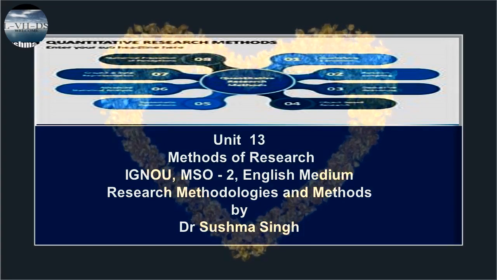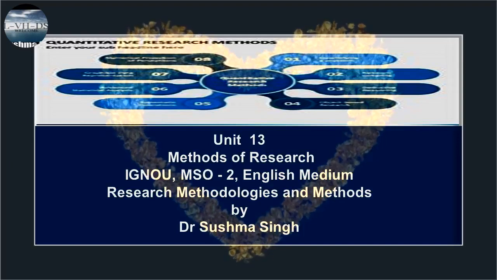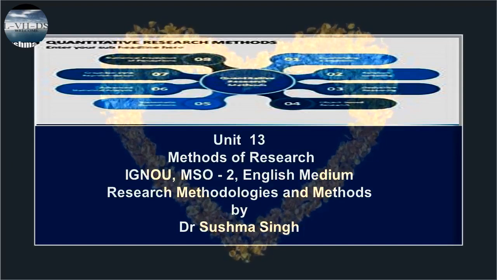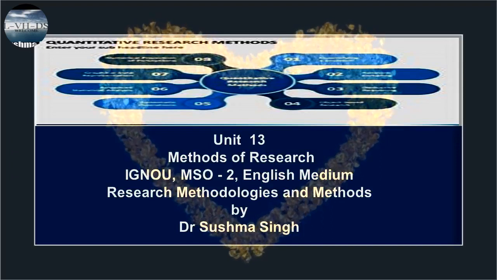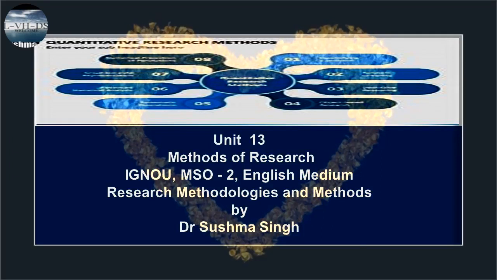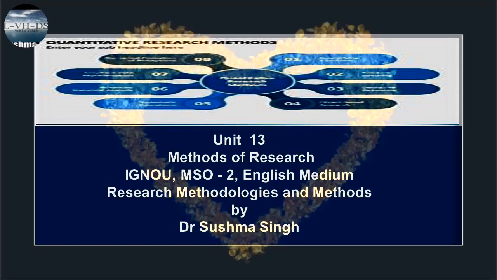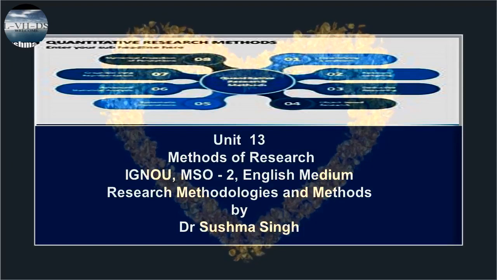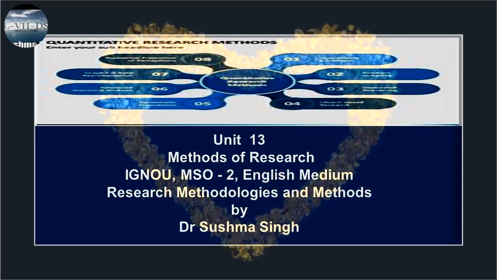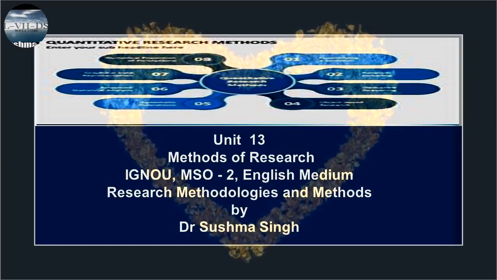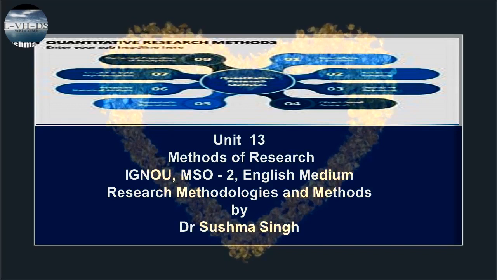Now let us move to the next point, centrality of research methods in social sciences. In the social sciences, the identity of disciplines depends largely on the methods its practitioners use. In other words, you cannot ignore the centrality of methods in the social sciences.